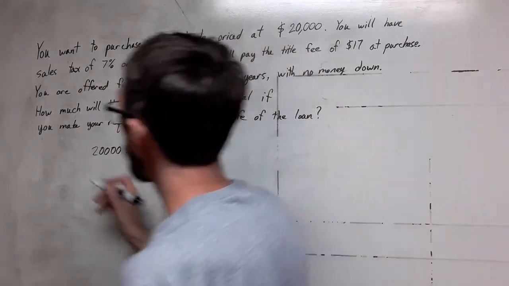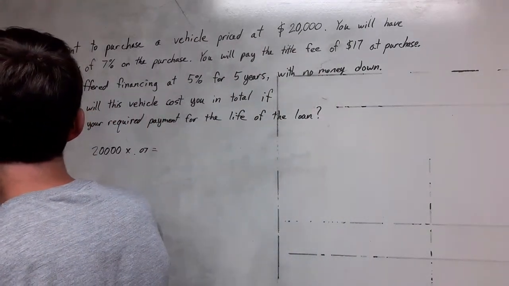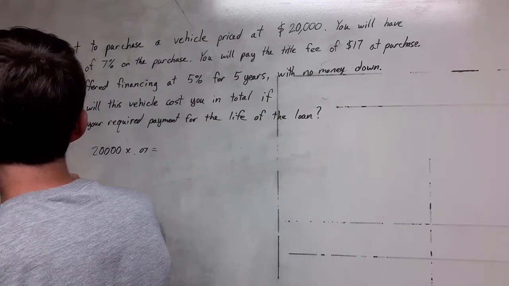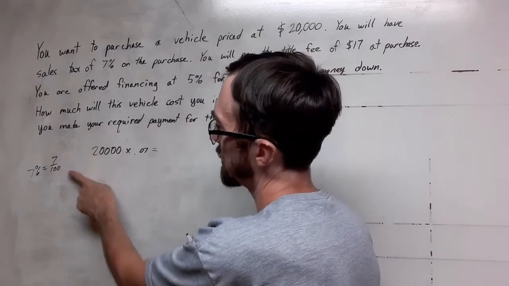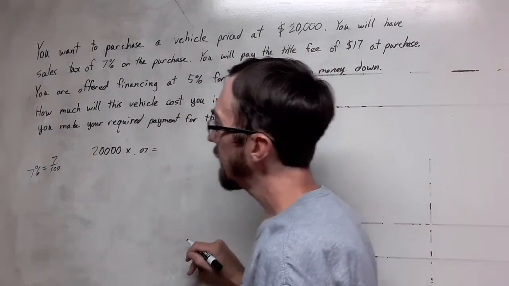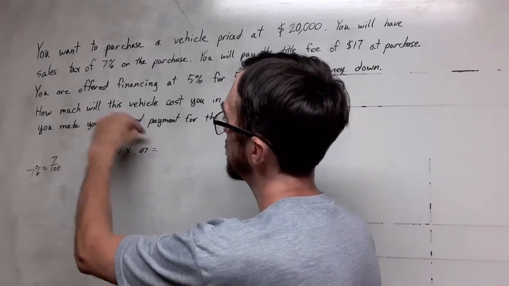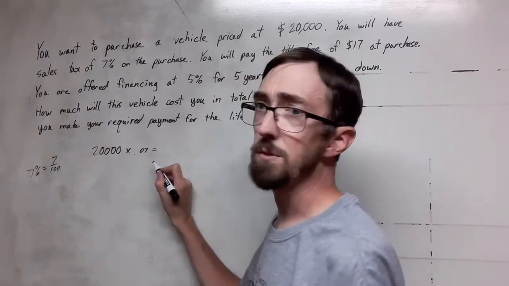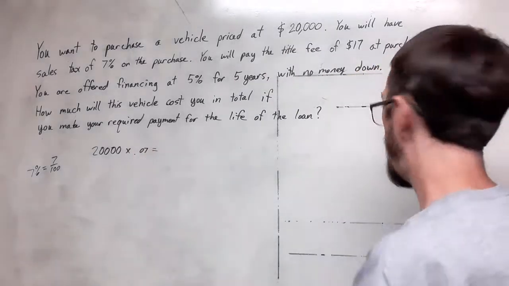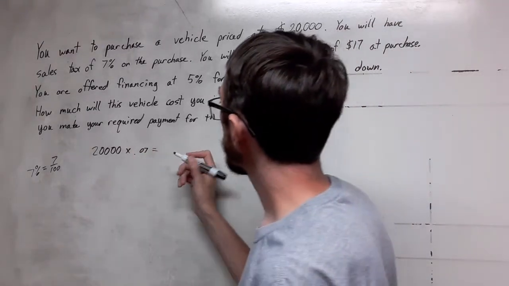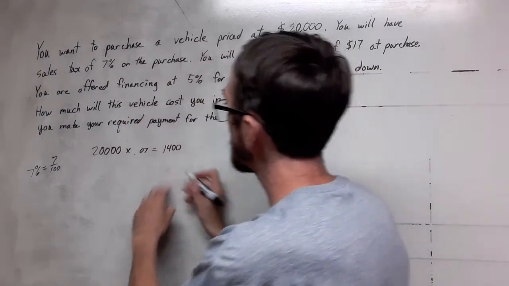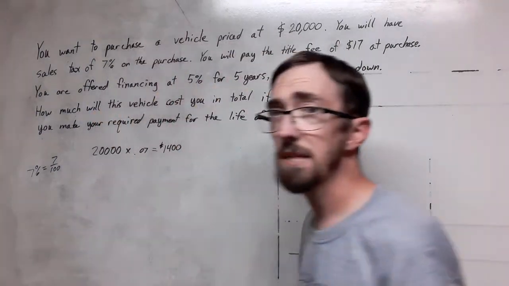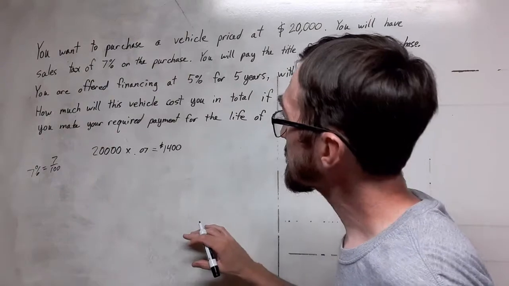So you can rewrite 7% to be the fraction 7 over 100, 7 parts of 100%. And if you divide that out, you get 0.07. So we're going to multiply that out, and we get that that is $1,400. So we're going to have $1,400 that we have to pay in tax on this vehicle.